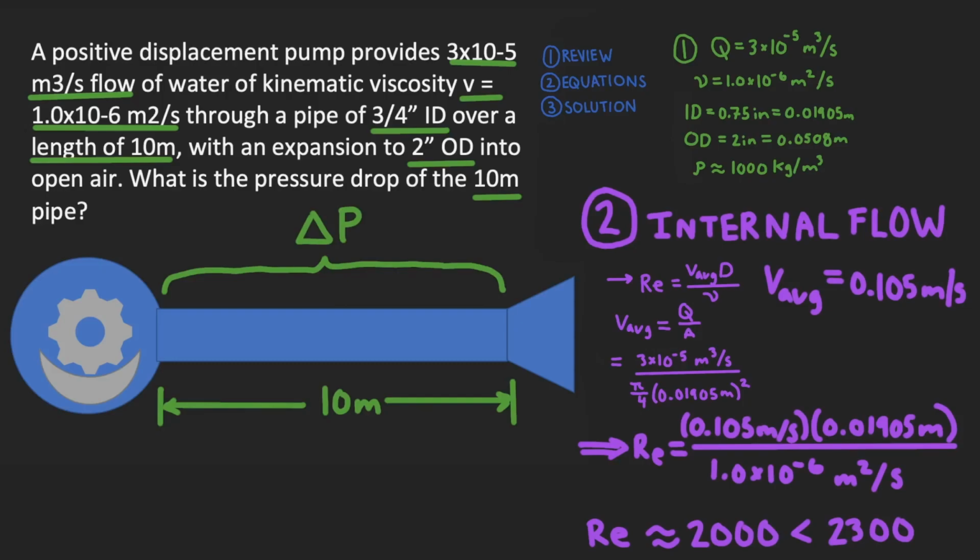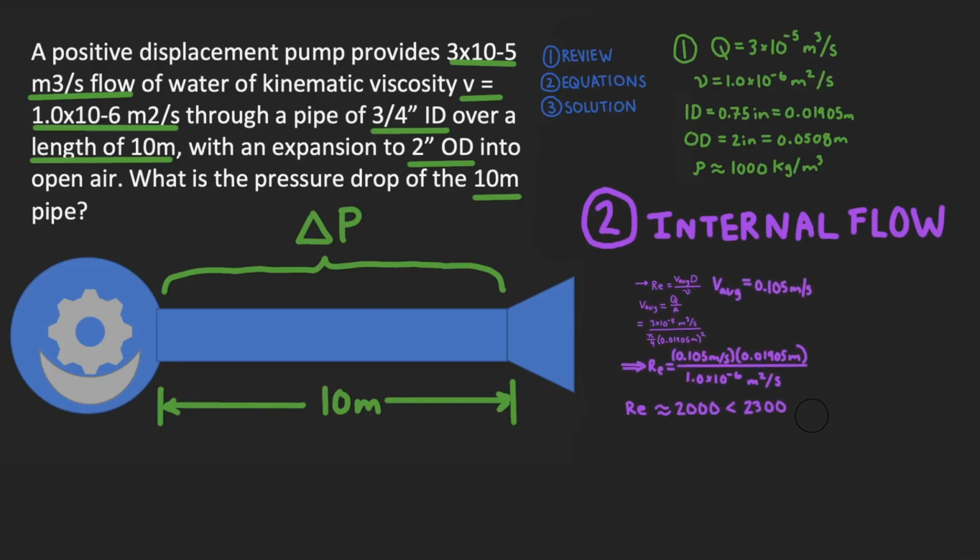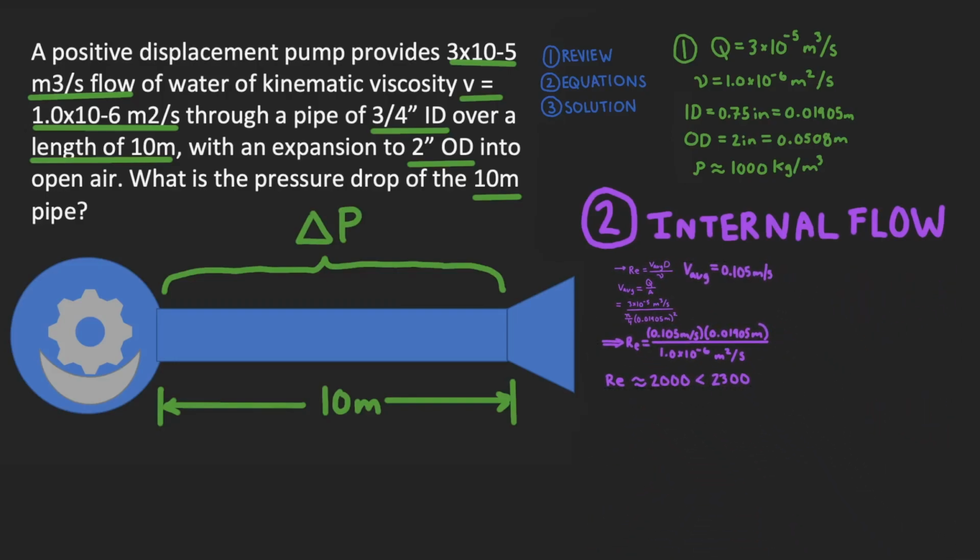So let's move on to finding the equation that we can use to solve for our pressure drop. For a laminar flow pressure drop, one of the equations that you might find when you do a quick Google search is that change in pressure is equal to 128 times our dynamic viscosity times flow rate times length over pi times our diameter to the fourth. This is pretty awesome because we can solve for all of the terms in this equation.